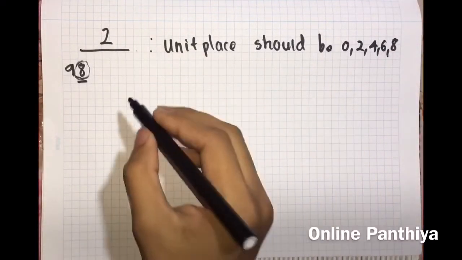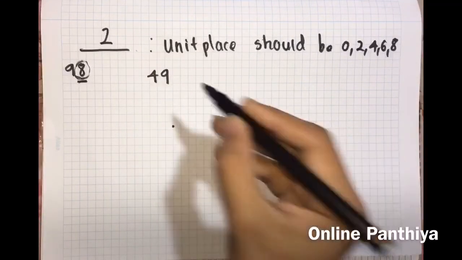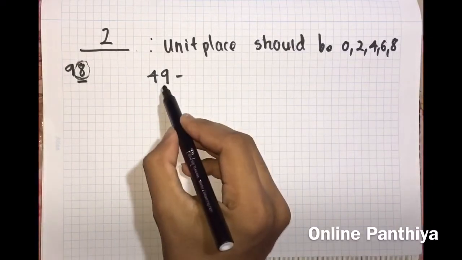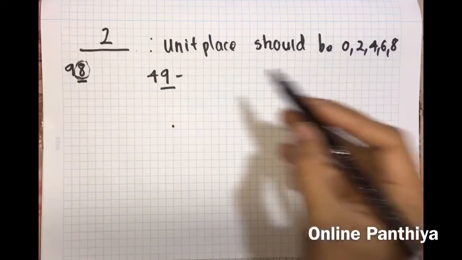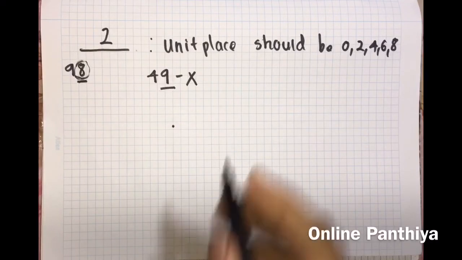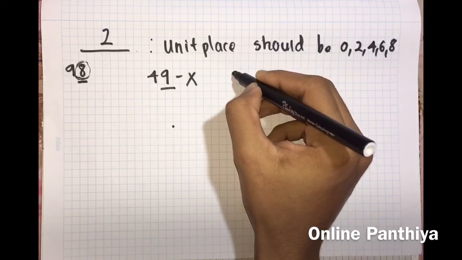Think of an example, I give you 49. Is it divisible by 2? No. What is the number in the unit place? You have 9. Do you have 9 here? No. Then you get no as the answer. Let me go for another example. Consider 8.